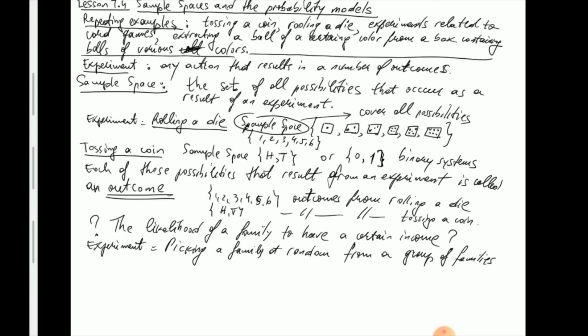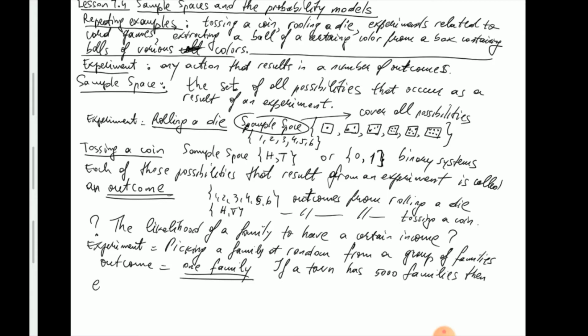So of course each outcome is going to be one family. In other words, for example, if a town has 5,000 families, then each family is a possible outcome of the experiment.